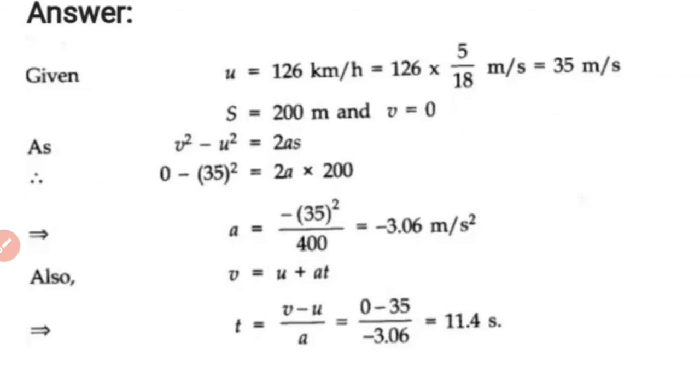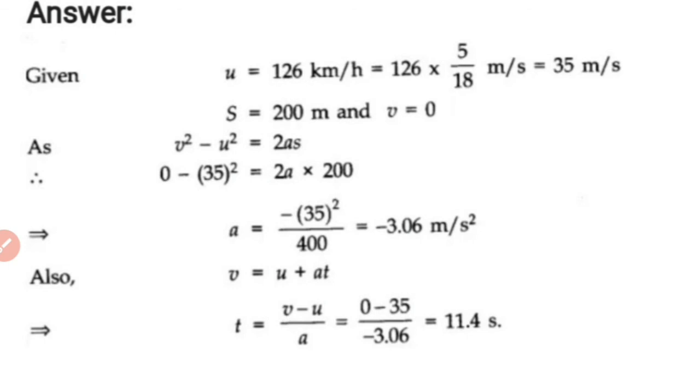So we have initial velocity u equal to 126 kilometer per hour, which is 35 meter per second. The stopping distance S is equal to 200 meter, and final velocity is 0 because it is coming to rest. That equation is the one you studied in 9th standard.